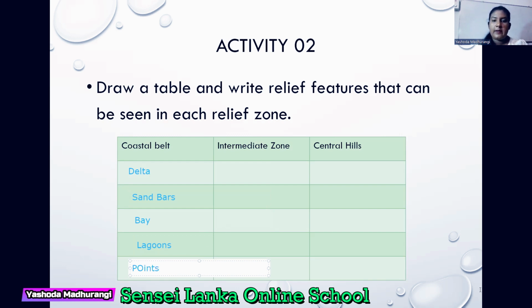Like this, you have to complete this table. In the intermediate plain, you can see ridges. I will write only one for each. Central hills, waterfalls. Not only this, you have to complete this whole table. Not only 5. You can write many here. Complete this table. These are some activities for you.